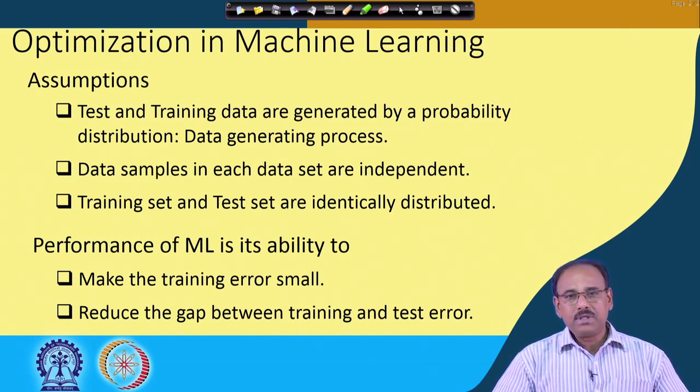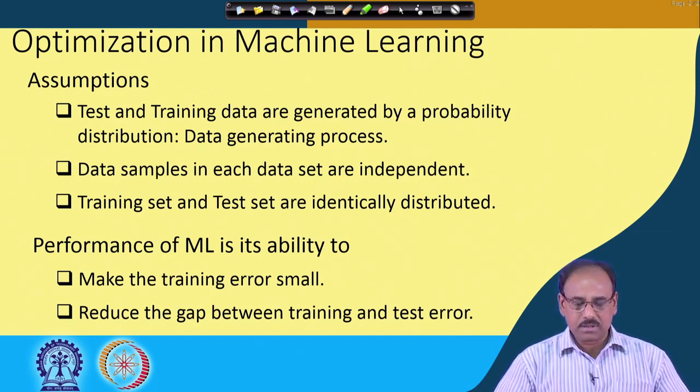Normally, the performance of a machine learning algorithm is measured by its ability to perform two tasks. One of the tasks is that it has to make the training error small.